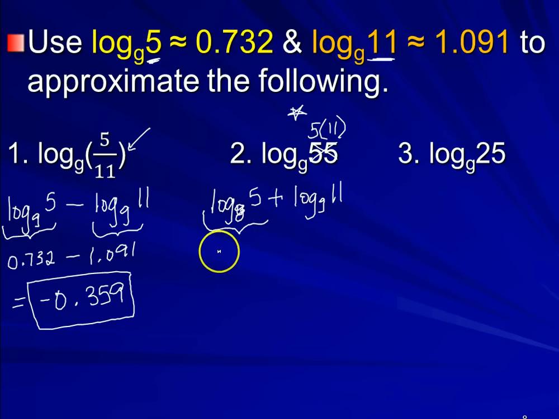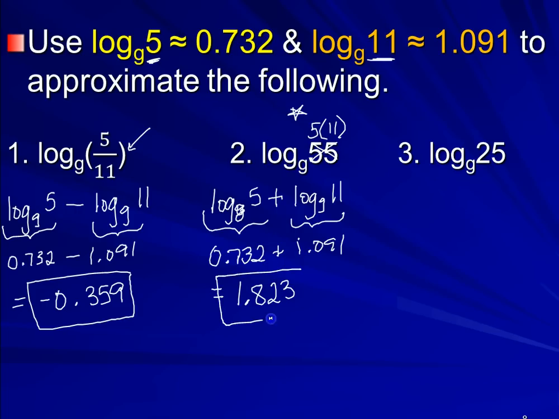So log base g of 5 is 0.732 plus log base g of 11 is 1.091. This time, since it was multiplication, we're adding them. Add those two together, 0.732 plus 1.091. You get an answer of 1.823.